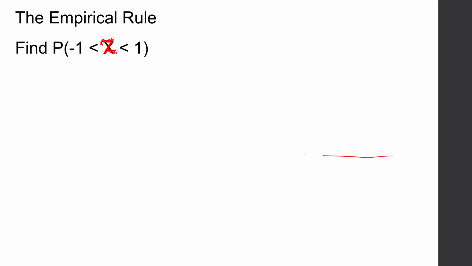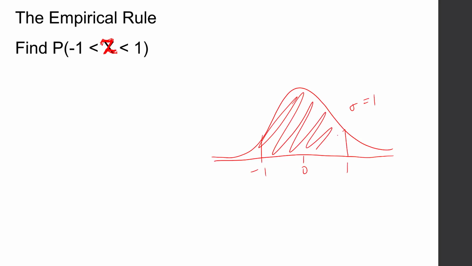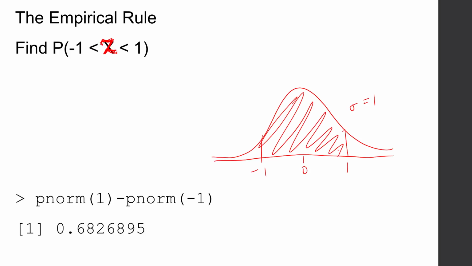So how would we compute that probability? We would draw our standard normal distribution, which is centered at 0 and has a standard deviation of 1. We want to find the area between 1 and -1, so we would shade that area in. And we know that we could use our p functions, p norm of 1 minus p norm of -1. And that returns 0.6827.